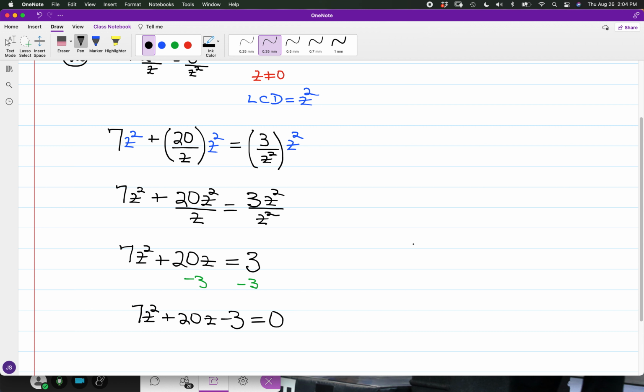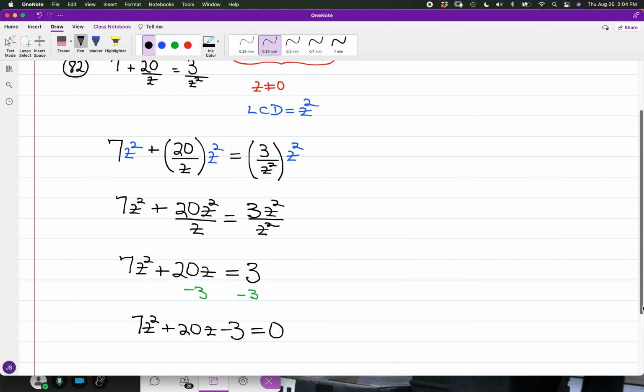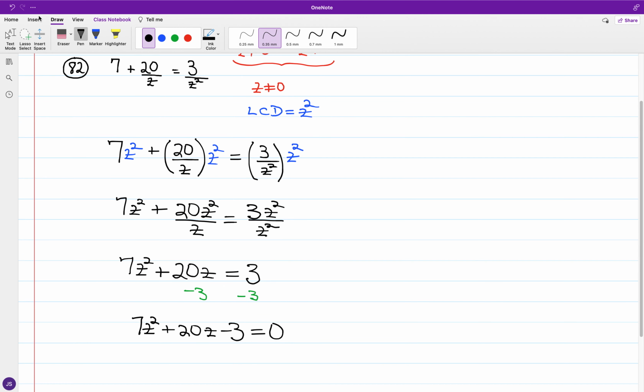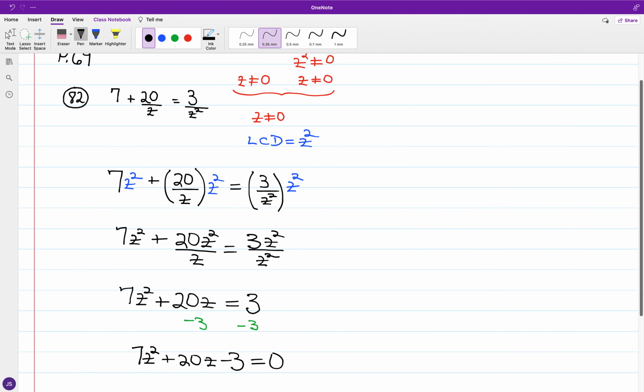So we have a quadratic equation in standard form, and there are various approaches you can take in order to arrive at the solution.